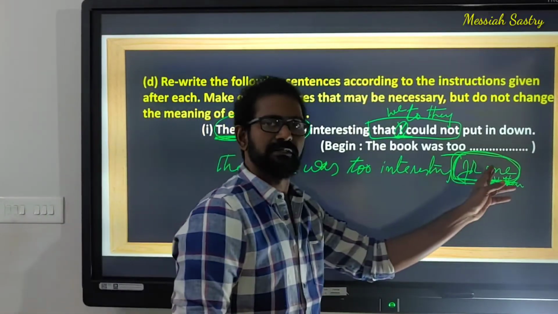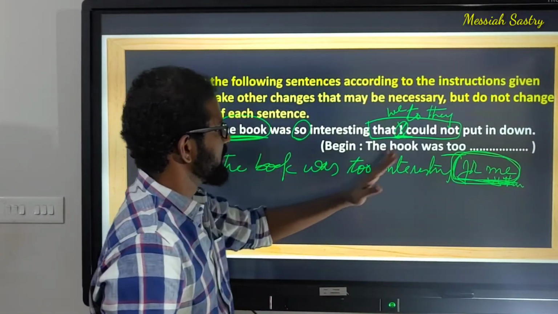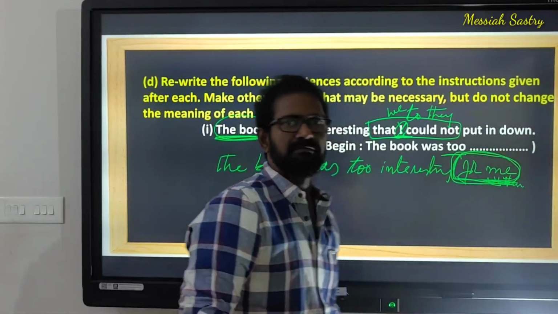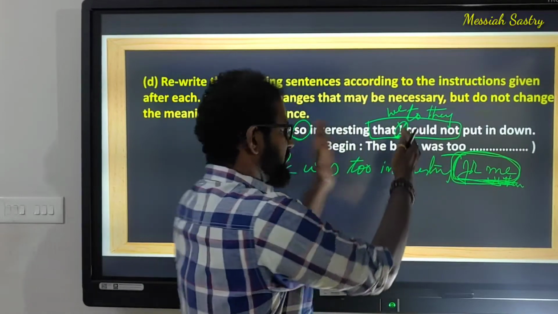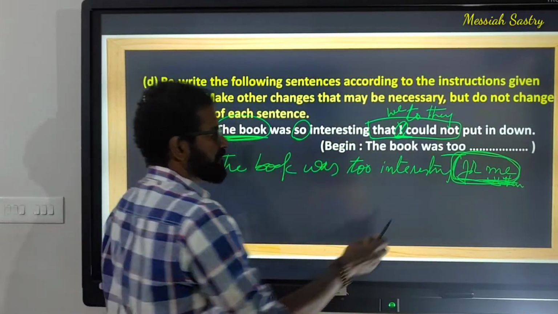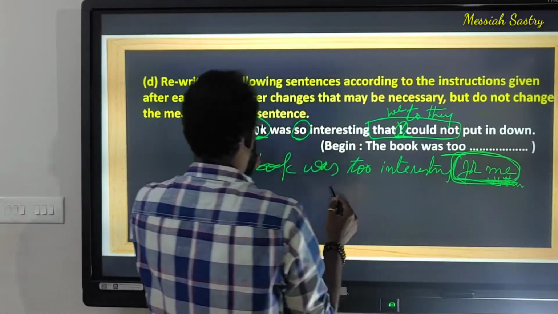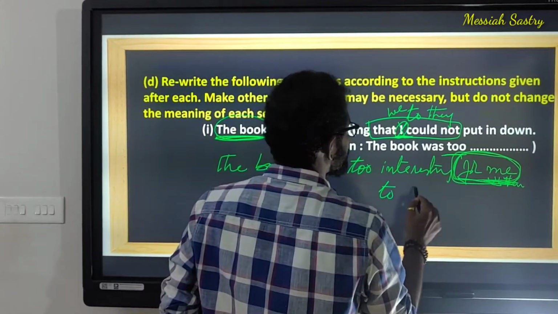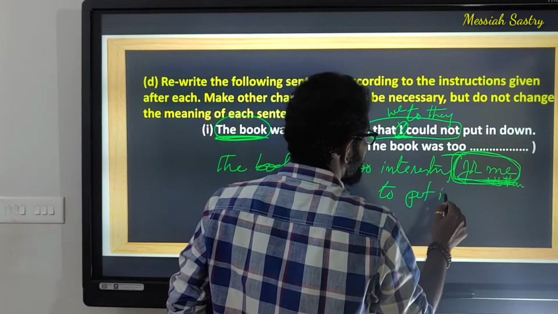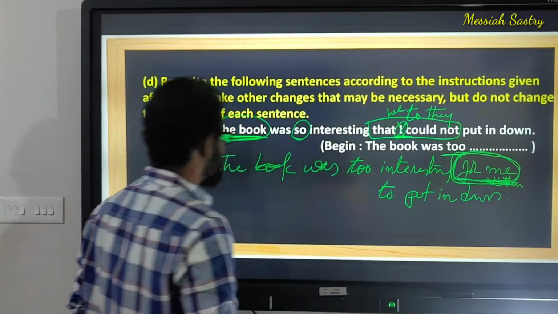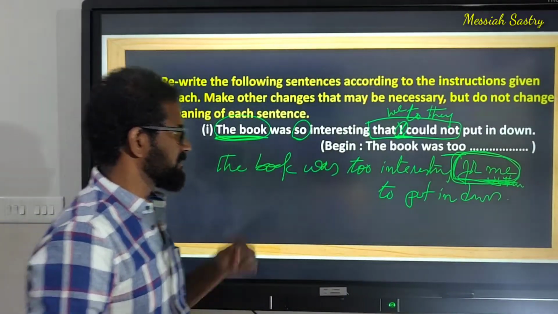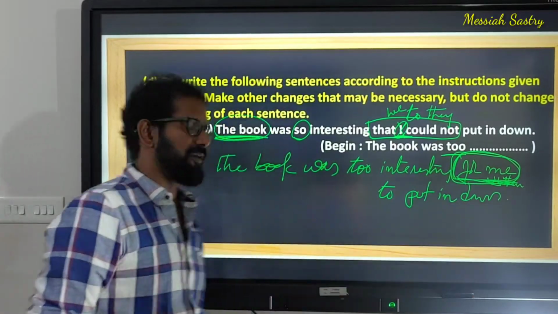They simply write "the book was too interesting to put it down." No. This subject should not be omitted because both subjects differ. The book was too interesting for me to put it down.